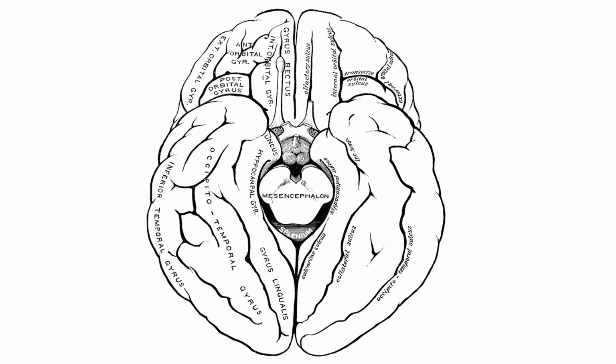So, these are the important sulci and the gyri to be identified on the tentorial surface: the collateral sulcus and the occipito-temporal sulcus, the lingual gyrus, the parahippocampal gyrus and the hook-like anterior end of the parahippocampal gyrus, which is called the uncus.